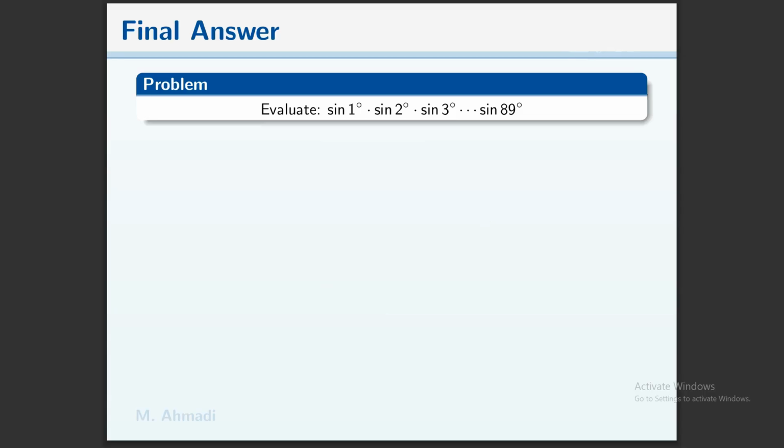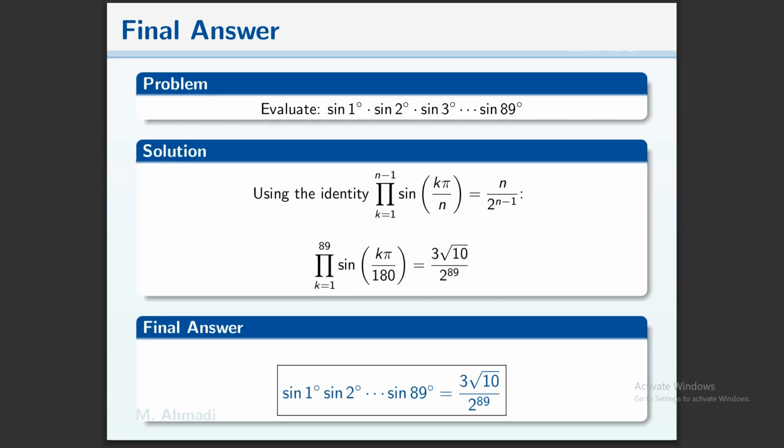And the final answer is that sin 1° multiplied by sin 2° multiplied by sin 3° and so on, multiplied by sin 89°, using this identity, is equal to 3√10 divided by 2^89.